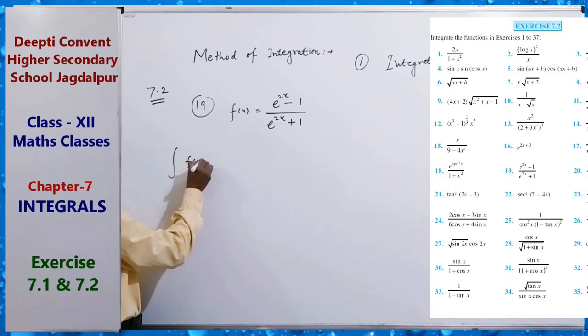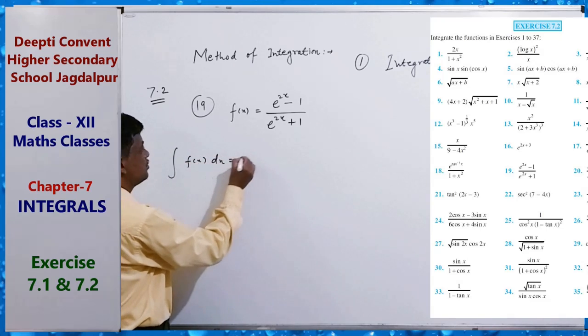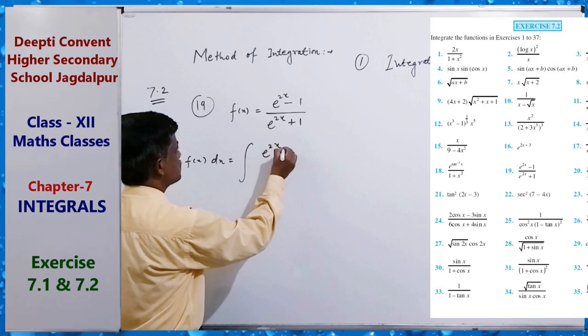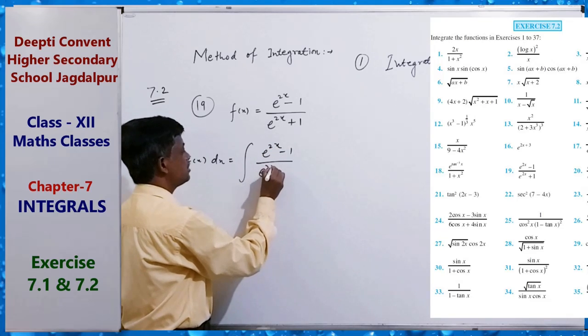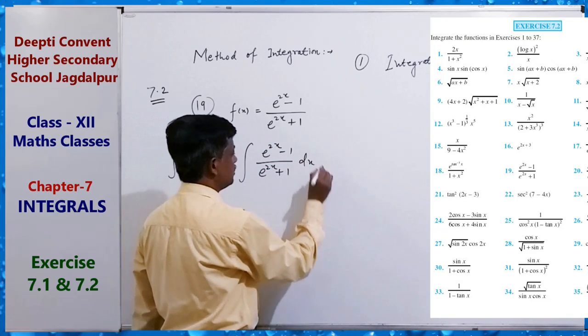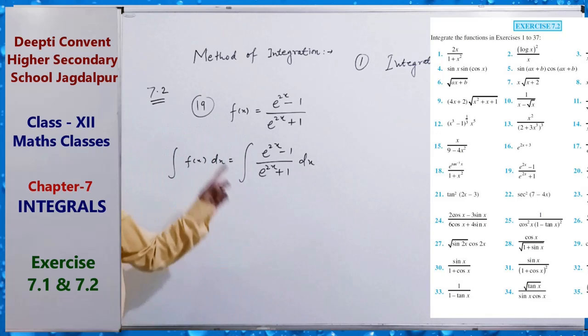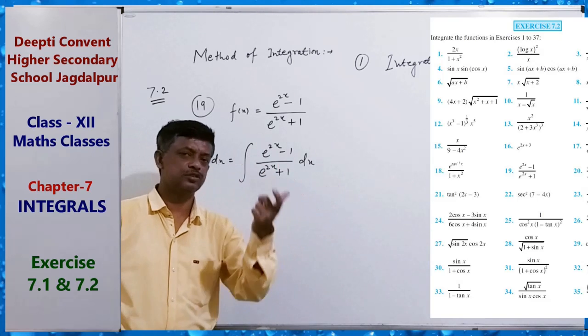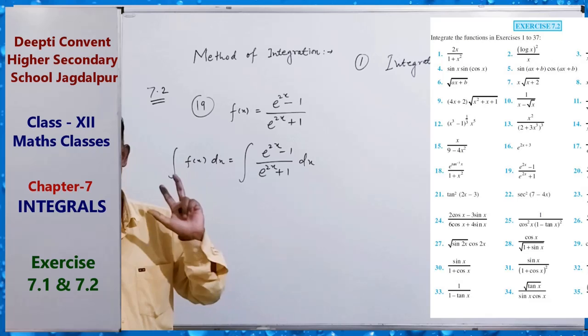Here, the integration of f(x) dx equals the integration of e to the power 2x minus 1 upon e to the power 2x plus 1 dx. We know the derivative of e to the power x is e to the power x, and of e to the power 2x is 2 e to the power 2x.